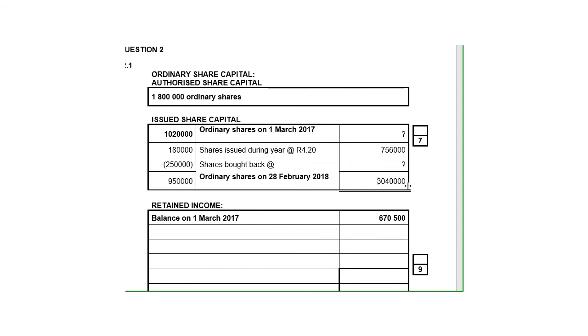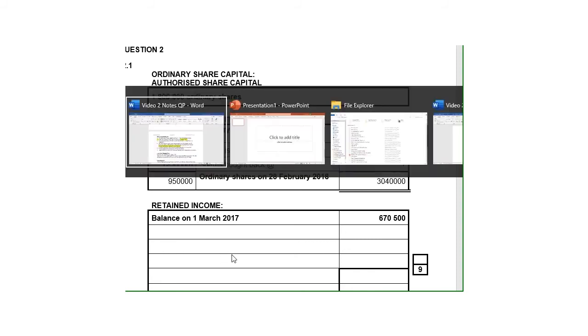And to work out the average, it's simply taking the total value, the 3,040,000, divided by the number of shares, 950,000. So let's do the average share price. It is the value divided by the number of shares.